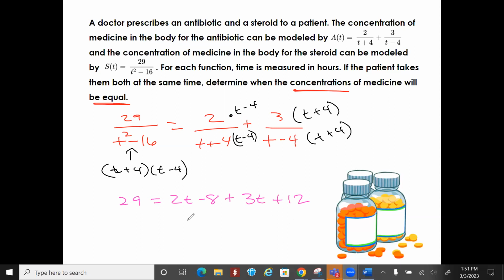We're going to combine like terms, so that's going to give me 5t plus 4 equals 29. We'll subtract 4 and then divide by 5. So t is going to equal 5.